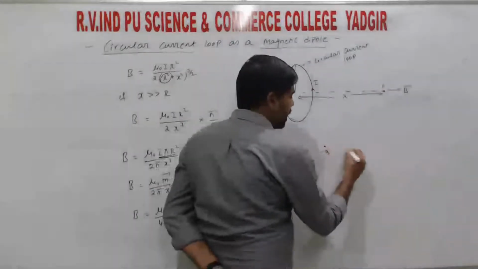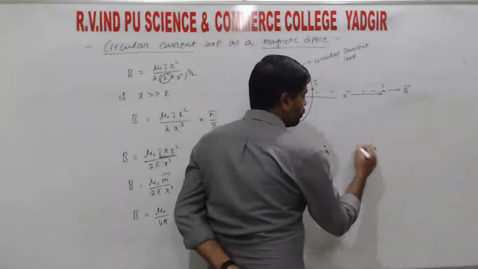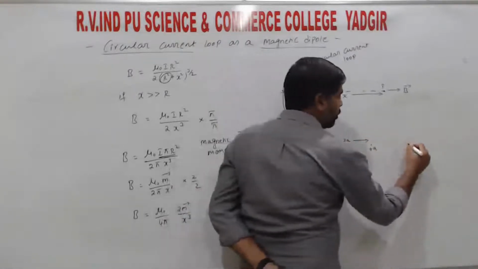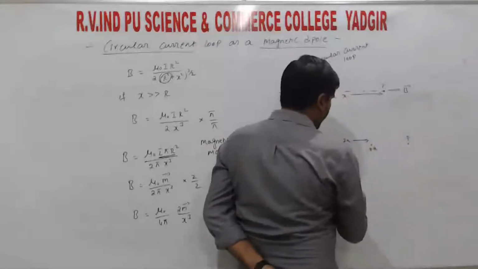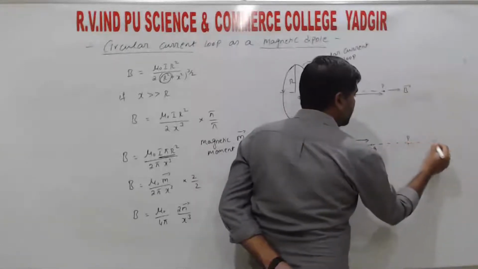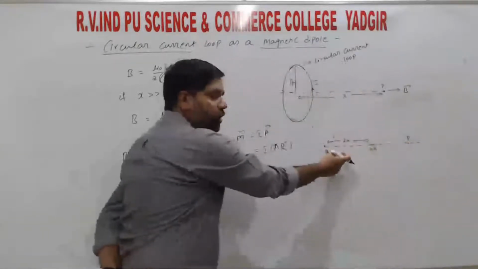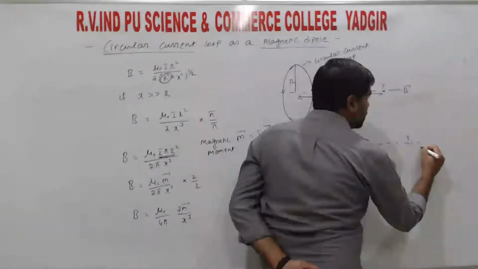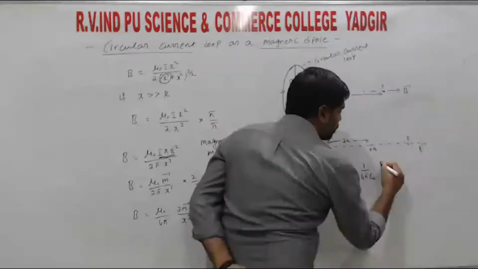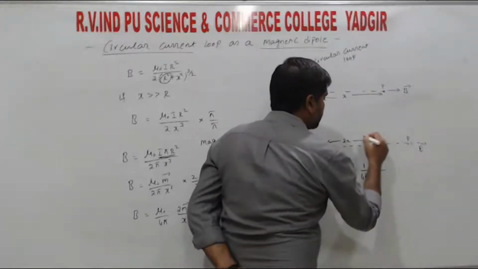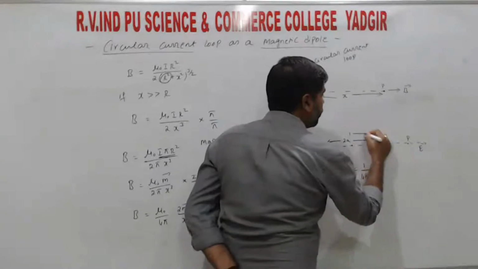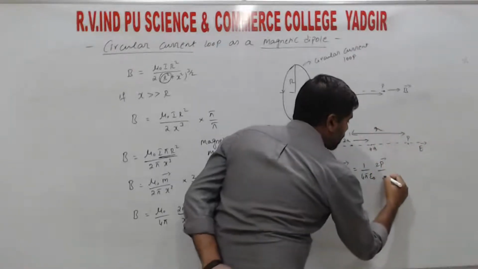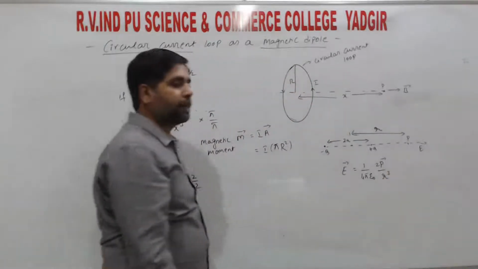So two charges minus q and plus q separated by a small distance 2a. So at any point P, if we find the electric field on the axial line. So here also there is an axial line. So here also if we consider the axial line, we can find the electric field E equal to 2p vector divided by, from the center of the dipole it is at a distance x, or since we took r, r cube, right?